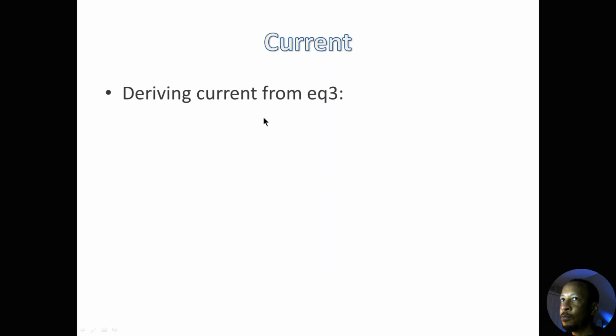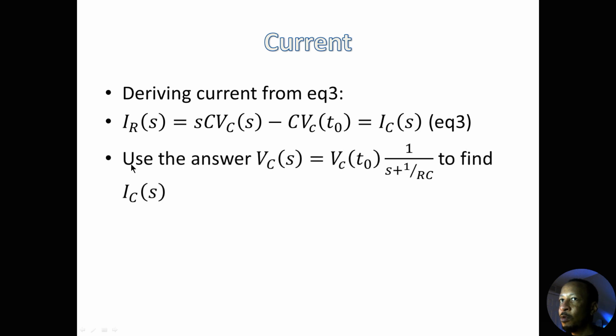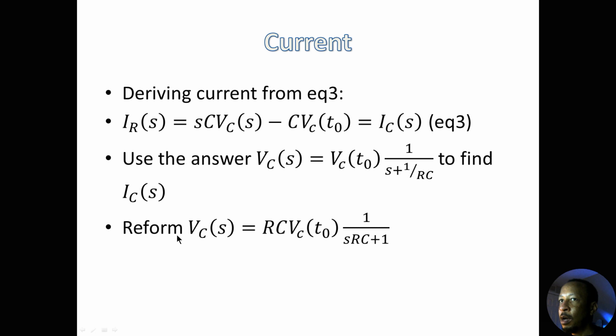Now the current, deriving current from equation 3. IR of S equals SC VC of S minus C VC of T sub 0 equals IC of S. That's equation 3. And then I'm going to use the answer VC of S equals VC of T sub 0 times 1 over S plus 1 over RC to find IC of S. So I'm going to now reform VC of S into VC of S equals RC VC of T sub 0 times 1 over SRC plus 1.